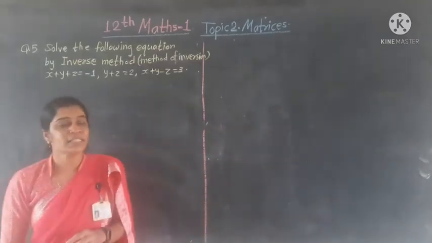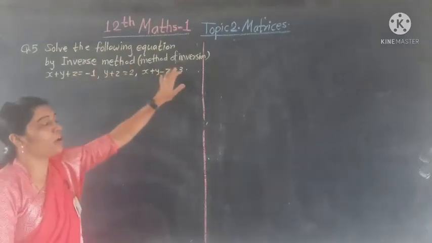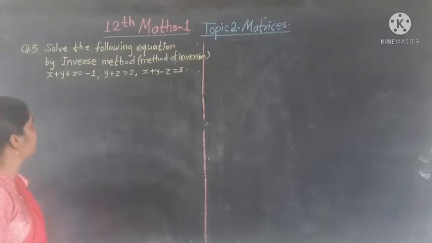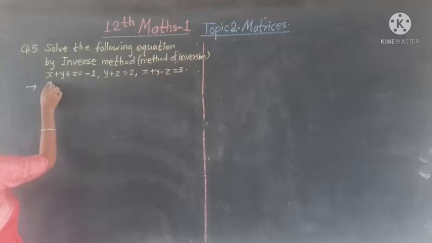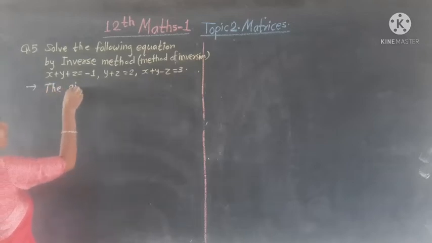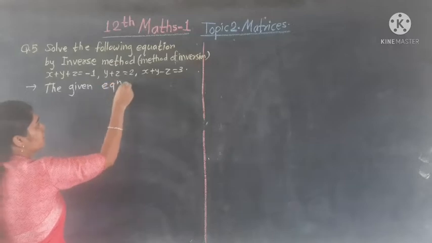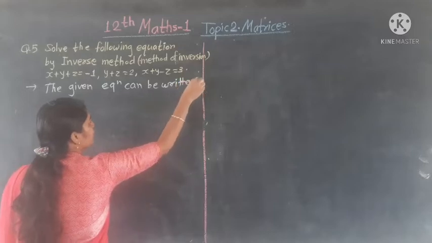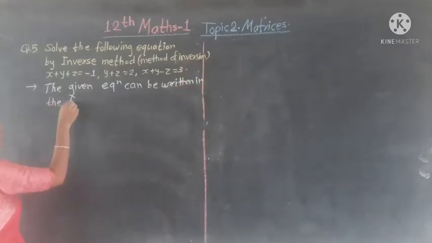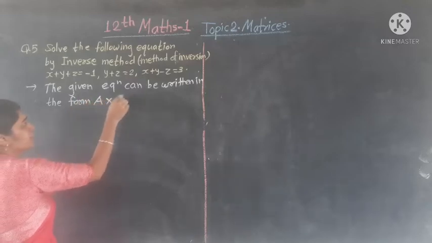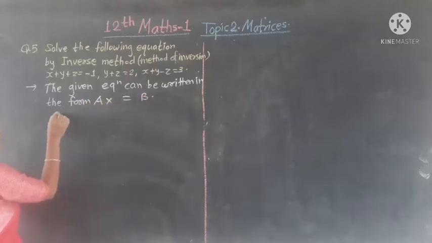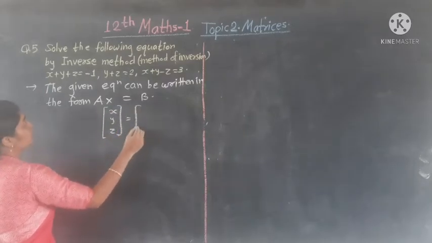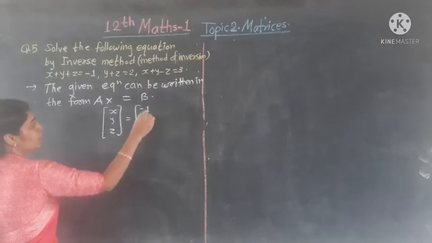Okay. Now the last example, we will see the inverse method or method of inversion. Solve the following equations by the inverse method. First we write the given equations in the form AX is equal to B. X means X, Y and Z. B means the constant terms -1, 2 and 3.